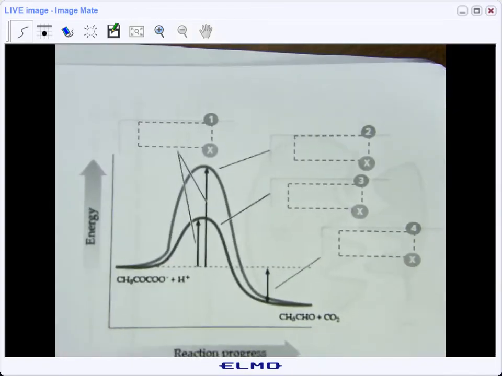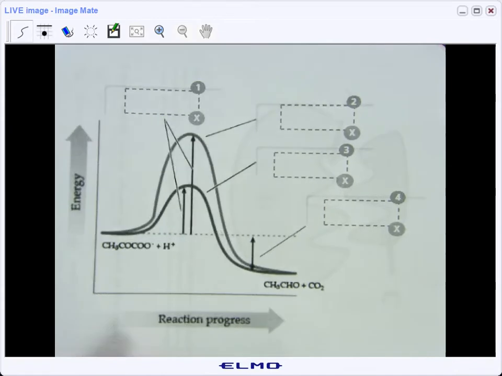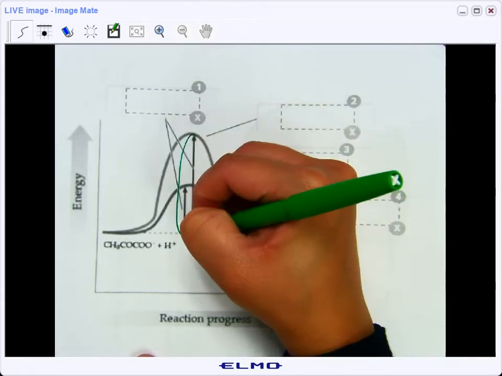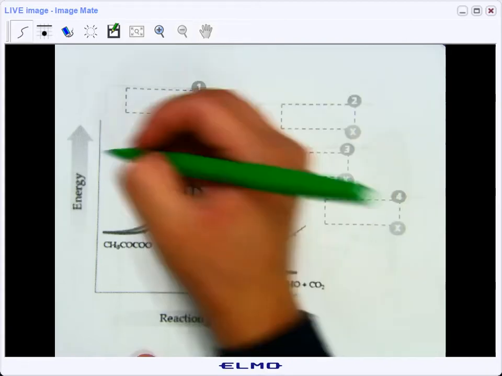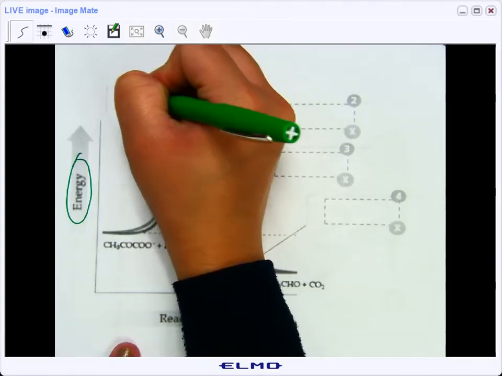Next, we have an example of enzymes helping with activation energy. These levels tell us the amount of activation energy needed.